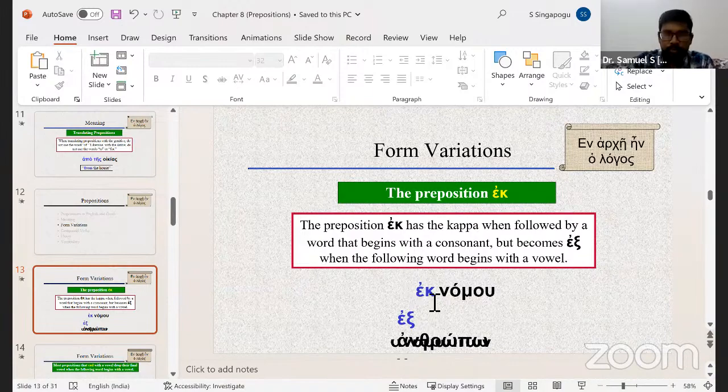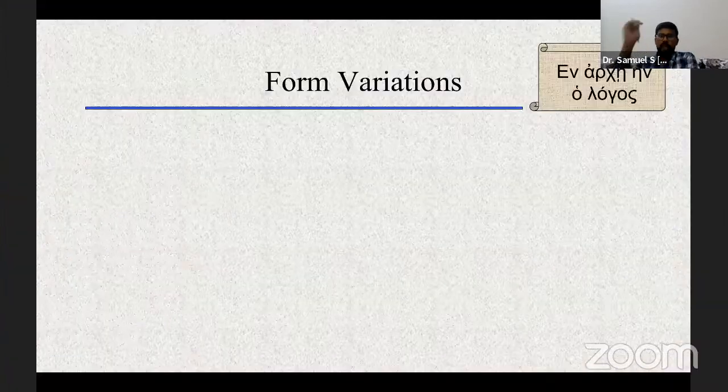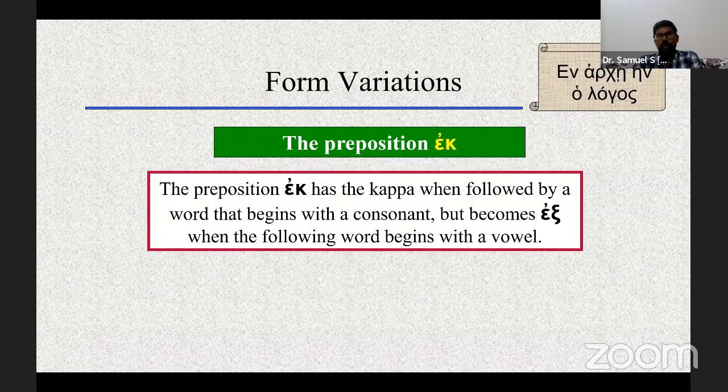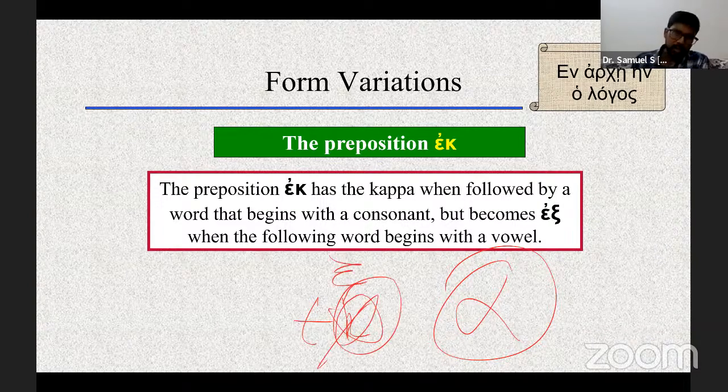Yeah, there we go. Okay. So whenever ek is before a word that has a consonant, it just remains ek. But when it is followed by a word that begins with a vowel, like anthropon, alpha is a vowel, it's not ek, but the kappa becomes a xi. And it seems like this is happening because of phonetic reasons.